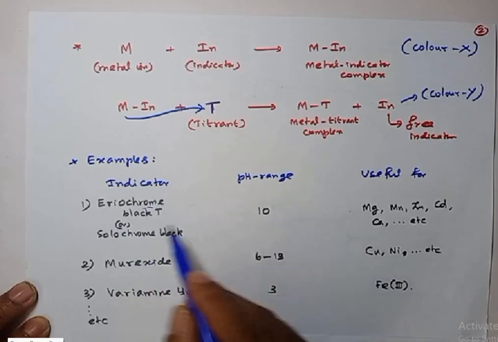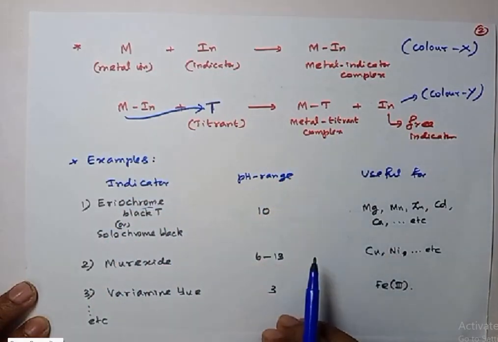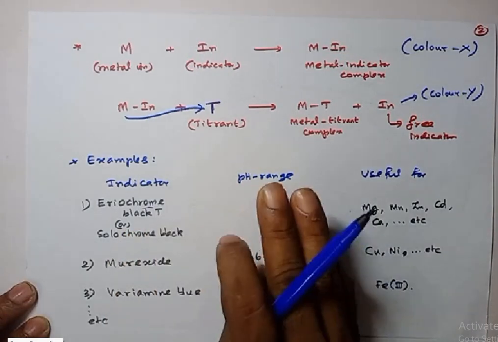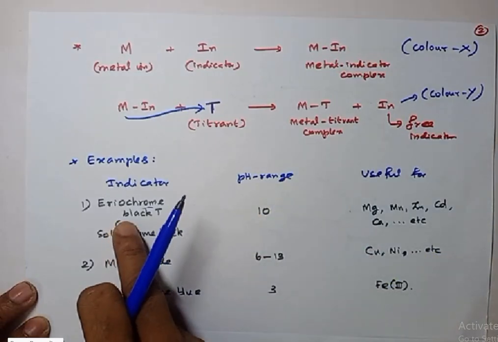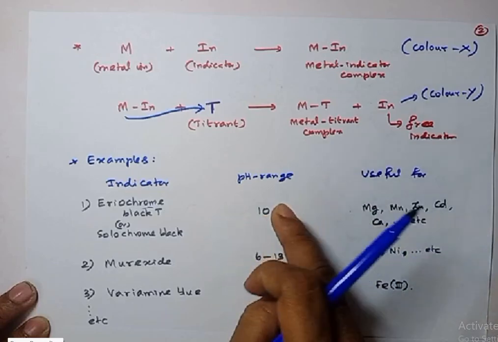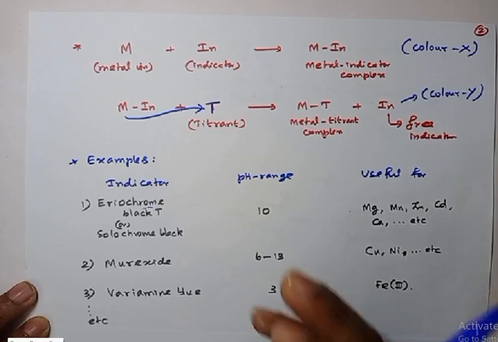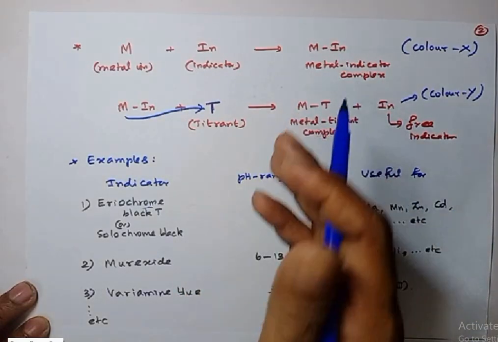Each metallochromic indicator has a pH range. For eriochrome black T, the pH is 10. Therefore, if you want to use this indicator, you must keep the solution medium at pH equal to 10. Normally we use a buffer of pH 10.